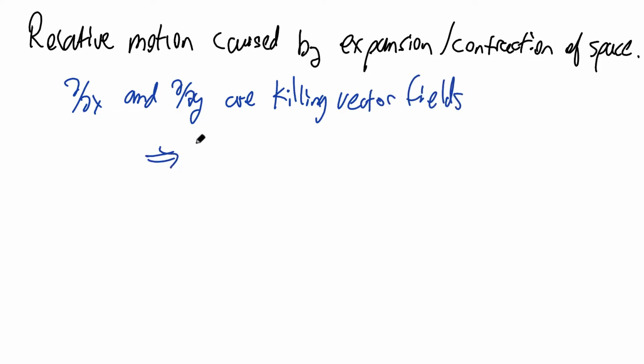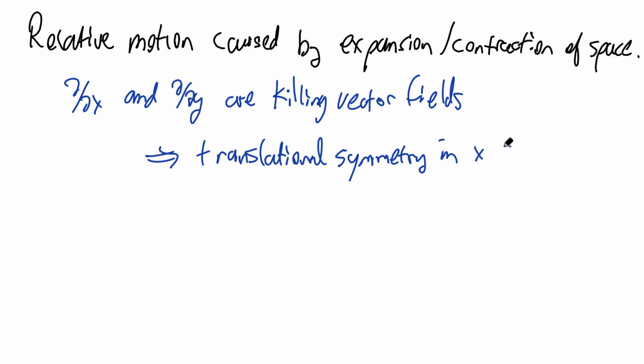So this tells us that we have translational symmetries in the x and y directions. So we can consider a lattice of test masses, freely falling particles, in the z equals 0 plane.